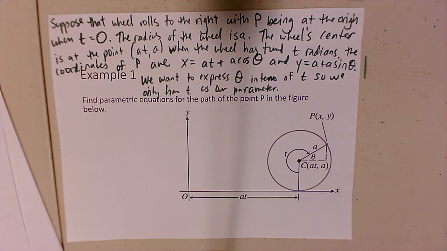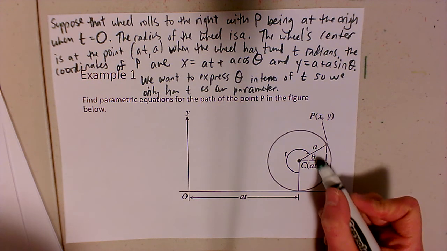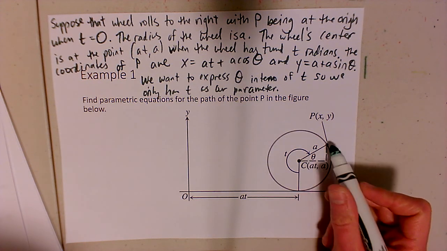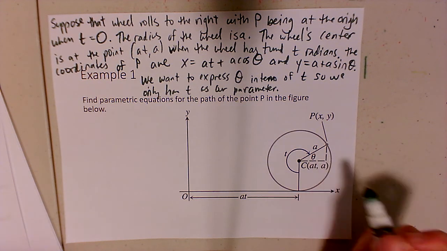Now, t is going to be the amount of radians that we turn, and then theta is that angle that we can form with our right triangle that goes up to the outer edge of our circle.